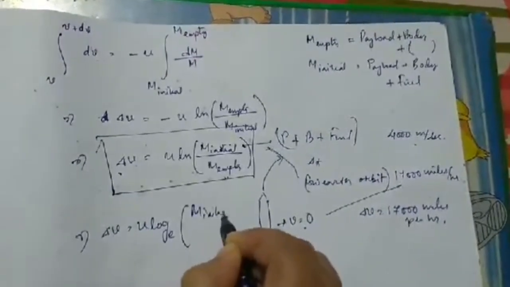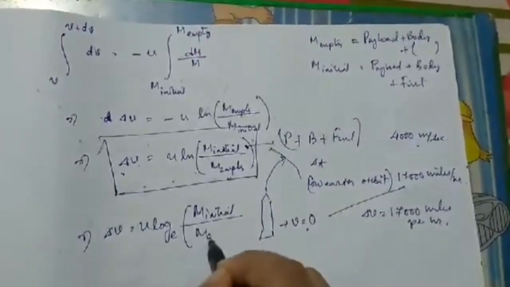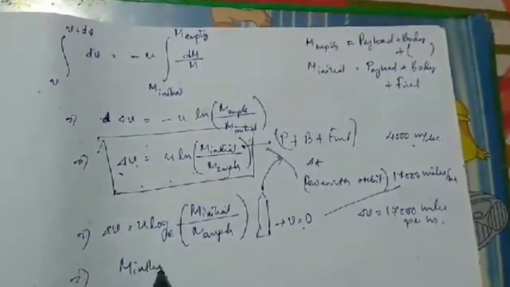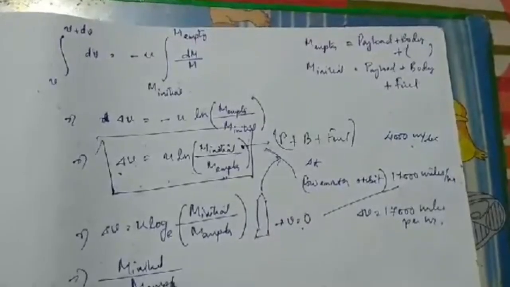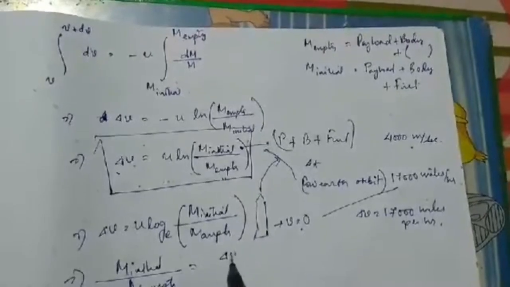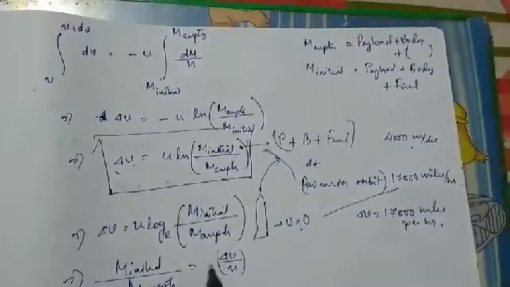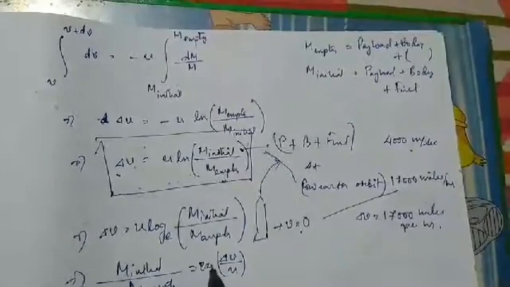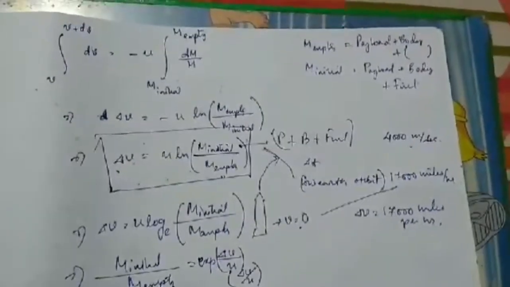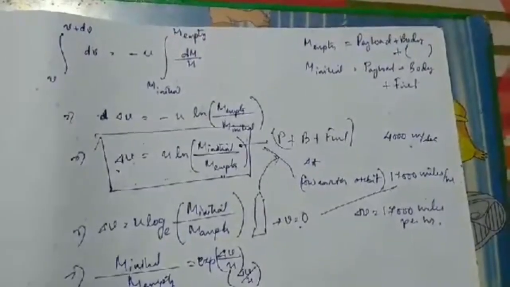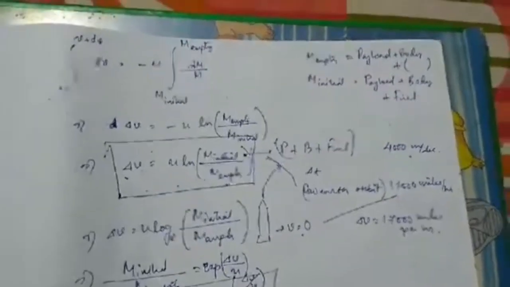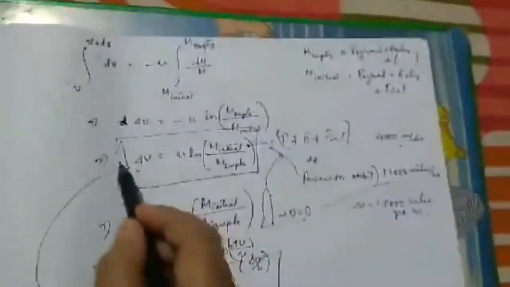So m initial by m empty will be equal to e to the power del v by u, that is, the exponential of del v by u. So this is the rocket equation.